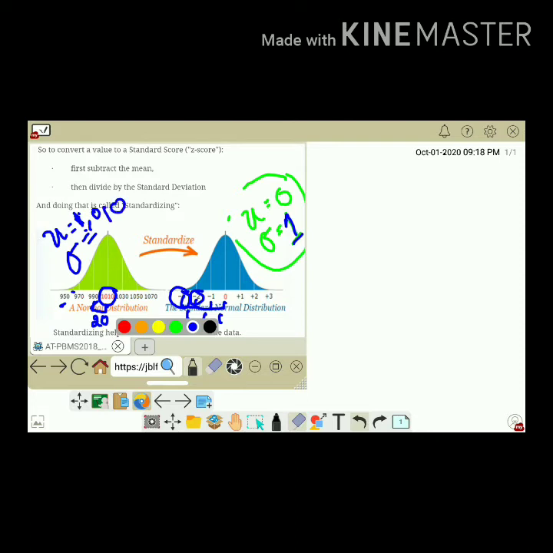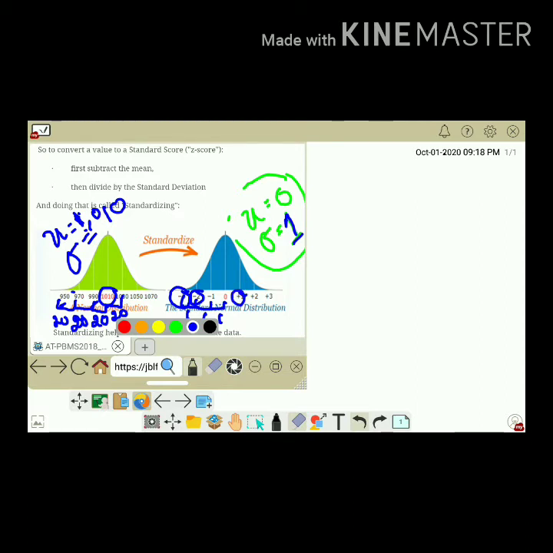For the standard deviation, that is 990 minus 970, that is 20 also. And 970 minus 950, that is 20. Same goes with the right part, that is 20. And 130 is represented by your positive 1.